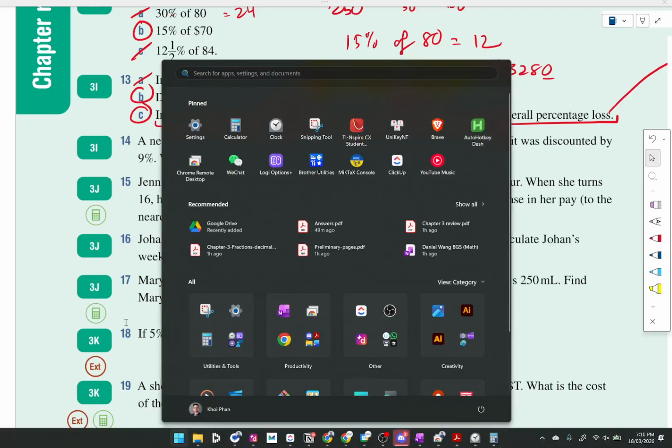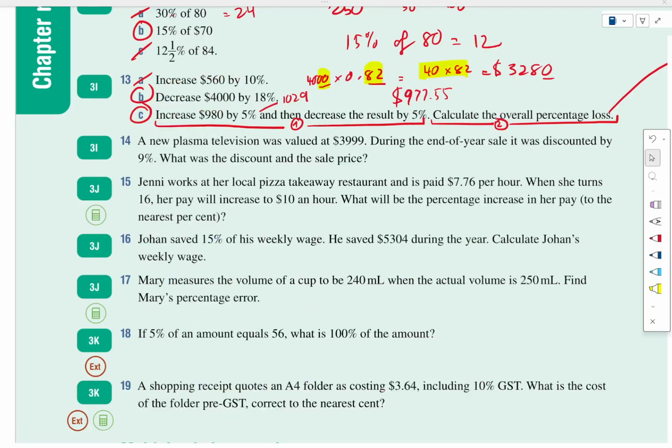The discount was 359 and 0.91. Yep. And then the sale price was 3,239 and 19 cents. Wait, say that again. The final price is not quite right. Not quite.